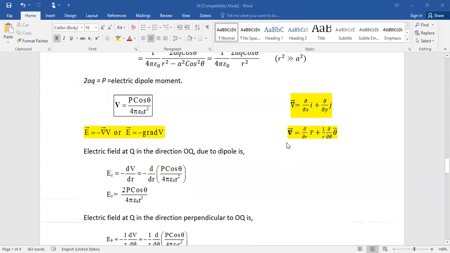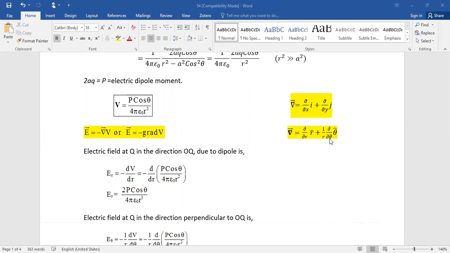In the polar coordinates, expression for del is delta by delta r into r cap plus 1 by r into delta by delta theta into theta cap. These two are the components. This is the expression for del.